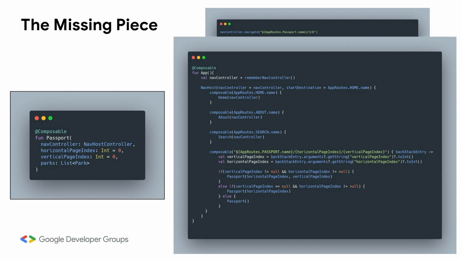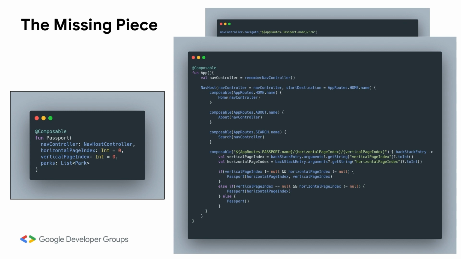For example, let's say you're on the search screen, and you search for a particular photograph, and you want to go to the third index in the horizontal pager, and the sixth photo in the vertical pager under that horizontal pager index. So how do you do something like that?